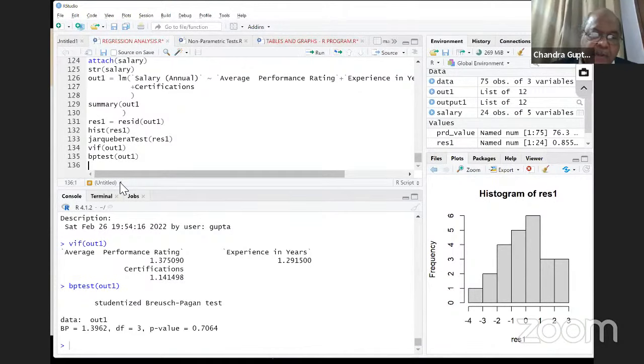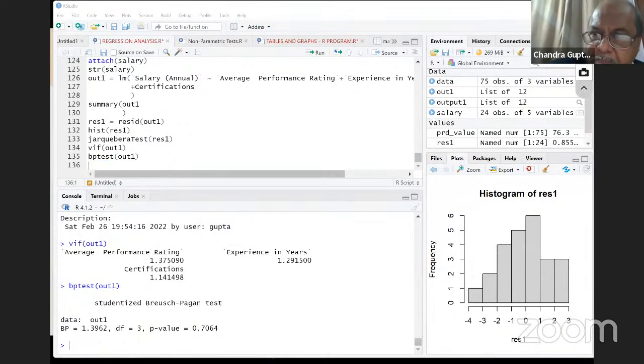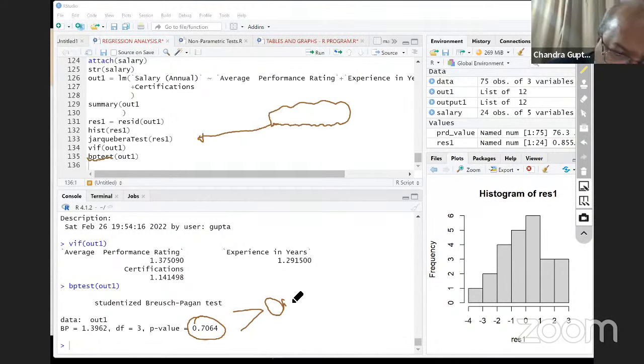Okay, how do we interpret the p-value here? It is this much, more than 5%. That means the null hypothesis of the BP test is that the error term follows homoscedastic behavior.